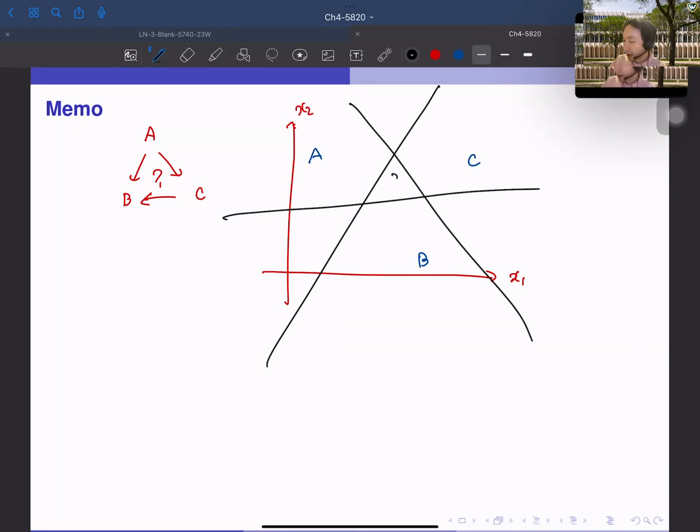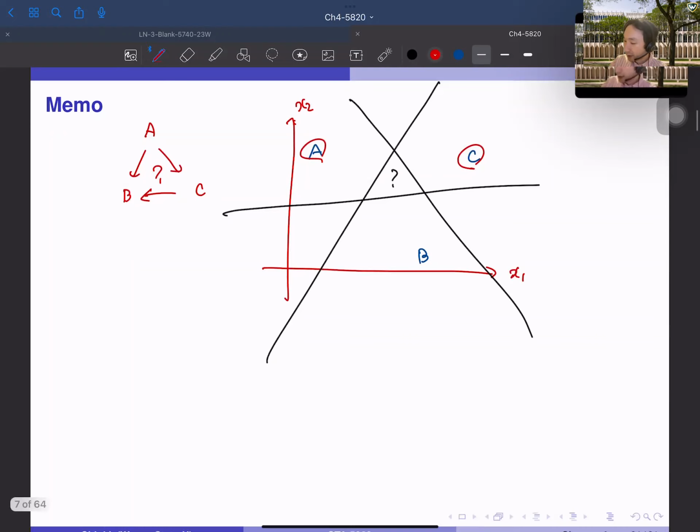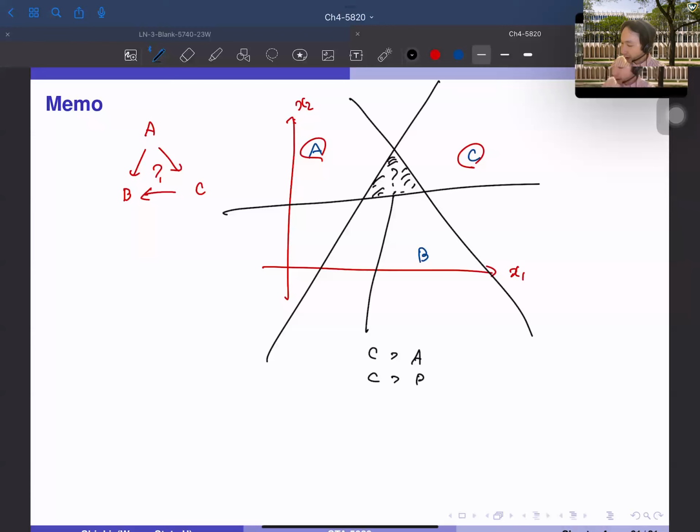Still it's not clear which category this area belongs to. If you compare A and C, this area is more likely to be C, and also C is more likely than B. Then it's fine, so this area probably belongs to C.